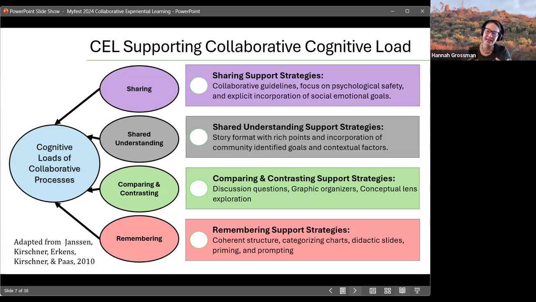And that's with the recognition that when you're putting together information in community and you have different people with different perspectives, when you're combining those perspectives and comparing and contrasting them against each other to determine your own view, the way that information is organized can make that comparing and contrasting easier or more difficult.